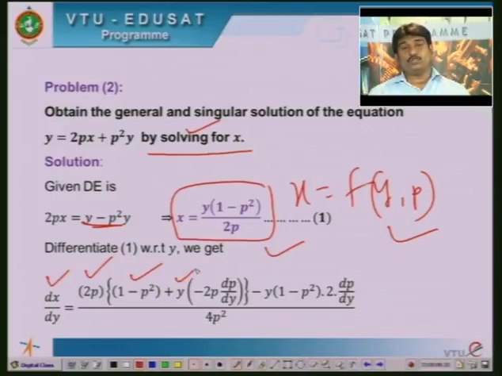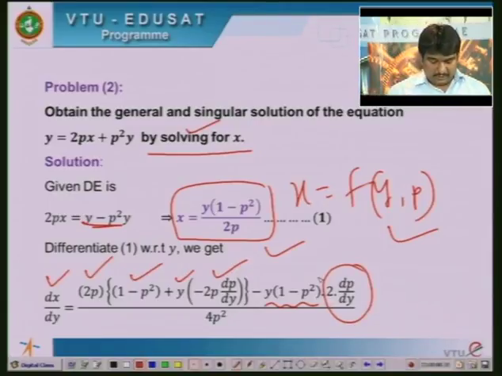Now the differentiation of the second function: the derivative of 1 minus p square is minus 2p into dp by dy. So the derivative of the numerator is over. Denominator into differentiation of numerator minus, this part is numerator, into the derivative of the denominator. The derivative of 2p is 2 times dp by dy.